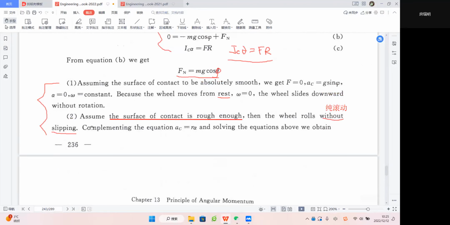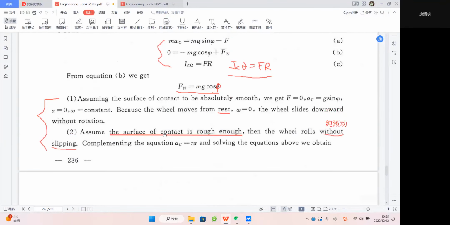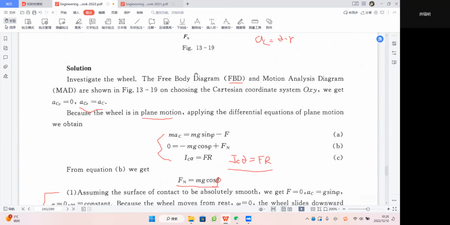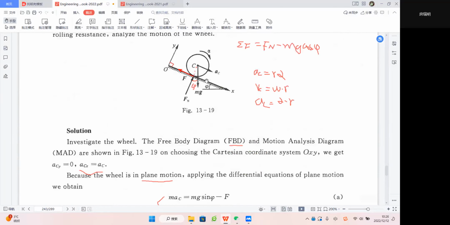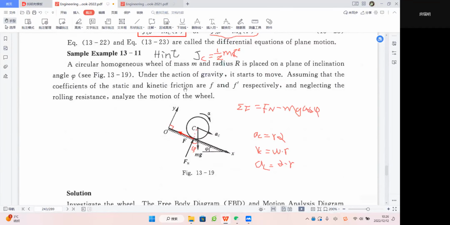So maybe I will just tell you guys the third assumption: if the surface is not rough enough, that means this point and the point of the slope will have some kind of relative movement. Then the friction F will change into kinetic friction, right?